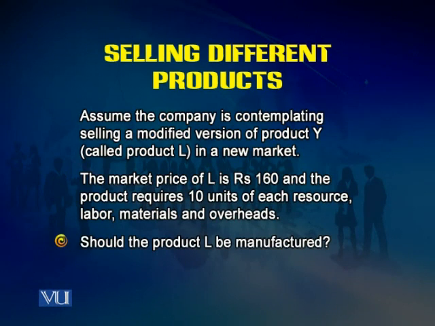Should the product L be manufactured? We are now going to examine the practical aspect of finding out relevant cost, having based the relevant cost on contribution calculated through linear programming.